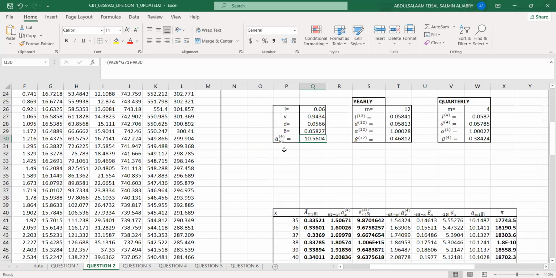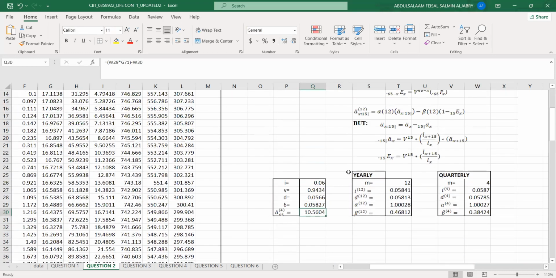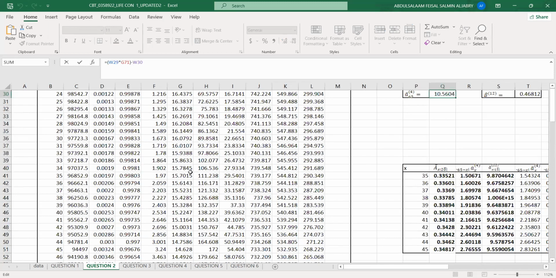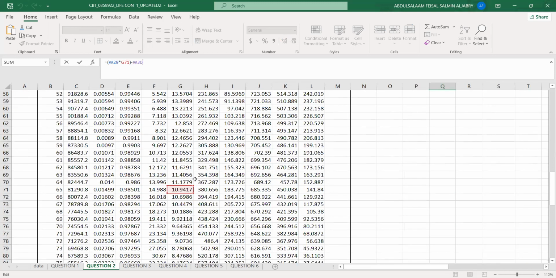And to get this one, this is the temporary life annuity, but for quarterly. So basically I just use the alpha and beta for quarterly. That's why I made this table. It's alpha(4) multiplied by G71, and G71 is basically a double dot x 65.